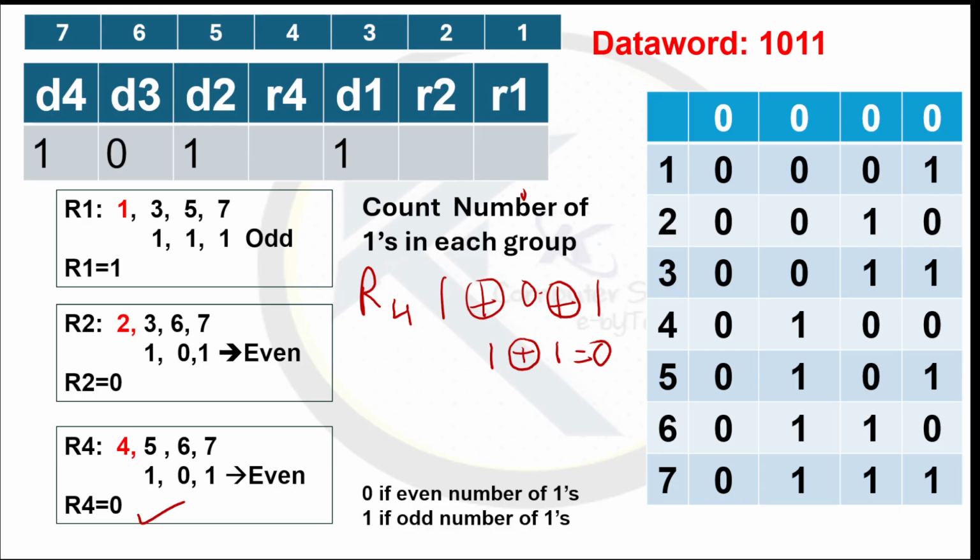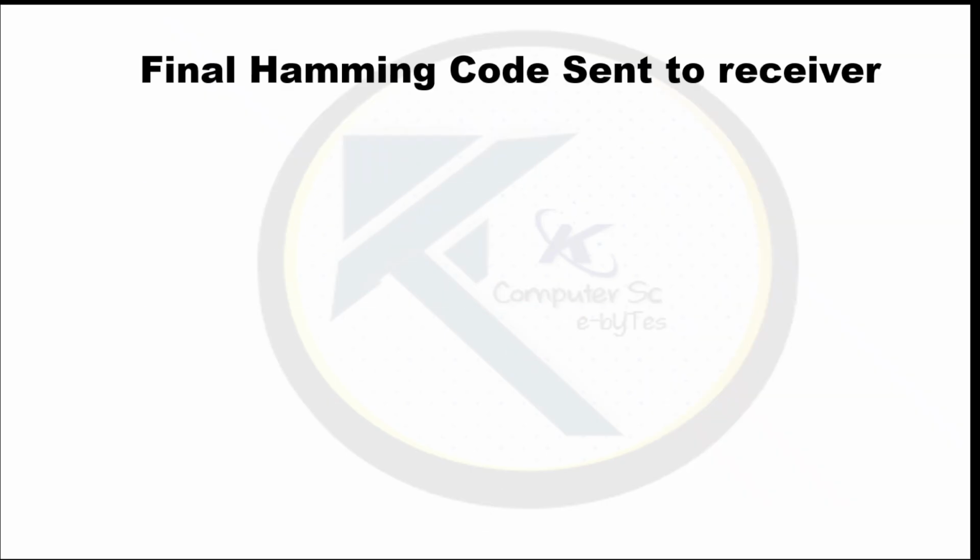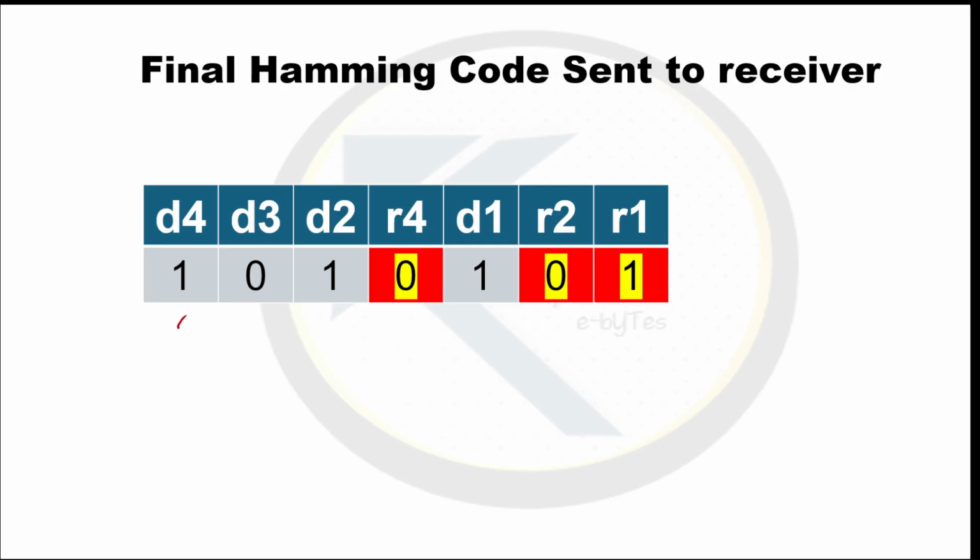So that is why we got 0, right? So here let me fit these values. This is 1, this is 0, and this redundant bit 4 is also 0. Input. So these are our data bits and these are our redundant bits. So the 7-bit Hamming code, this is our code word.